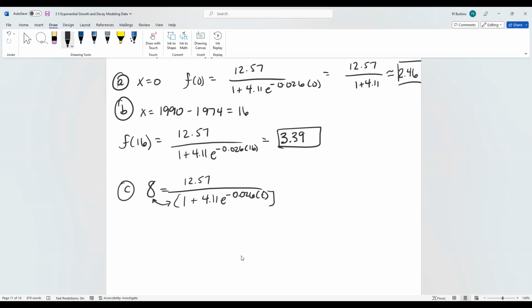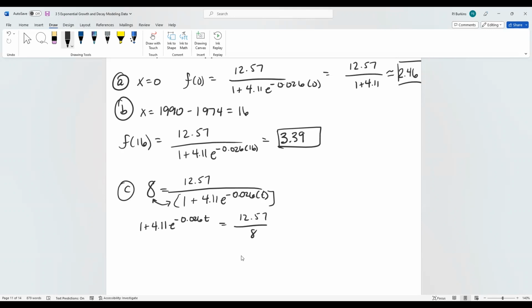Now you can do the manipulation and prove it to yourself, but this will work every single time and it'll save you time. So basically I'm just switching their places.